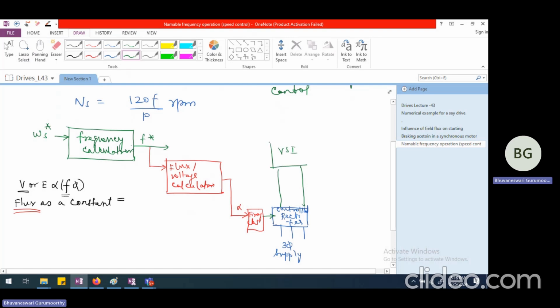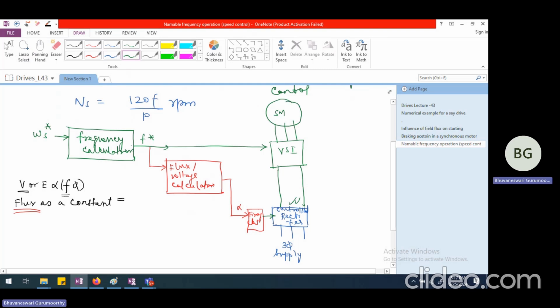So the magnitude of the voltage will be controlled by the controlled rectifier, whereas the frequency will be controlled by a voltage source inverter. And the voltage source inverter output is going to be given to the synchronous motor drive here.